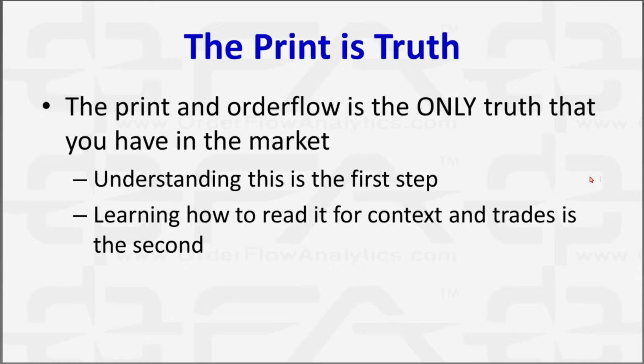I think most of you can see, like in the example I just showed you in reading the print, that it makes a whole lot of sense that if I'm looking for a short, I want to see weakness at the offer and strength at the bid, and if that changes, when is a trade at risk, and when is it likely to continue to work.